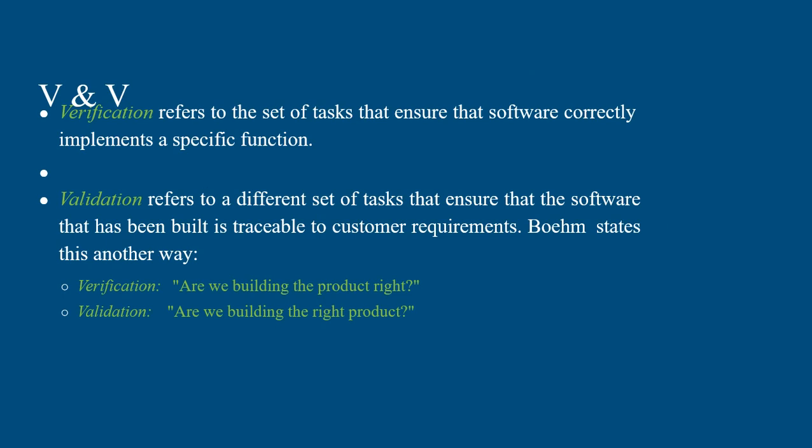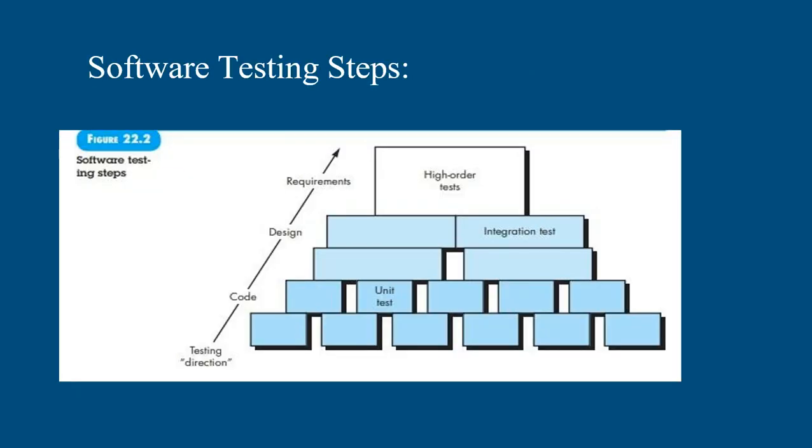Verification we normally call as, are we building the product right? Validation is, are we building the right product? Software testing has four steps. First, the requirements of the client are found out, and then according to the requirements the problem is framed.